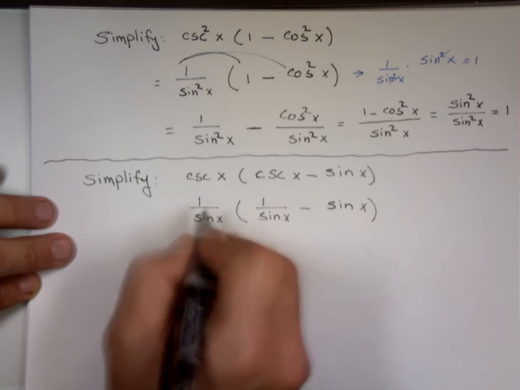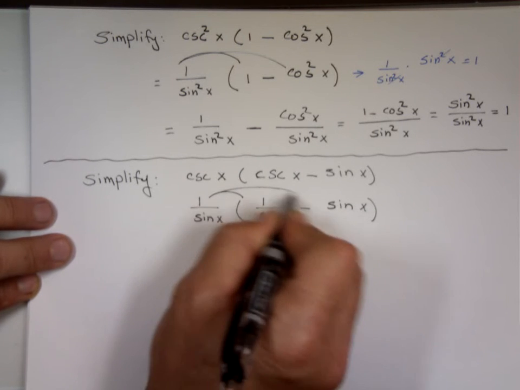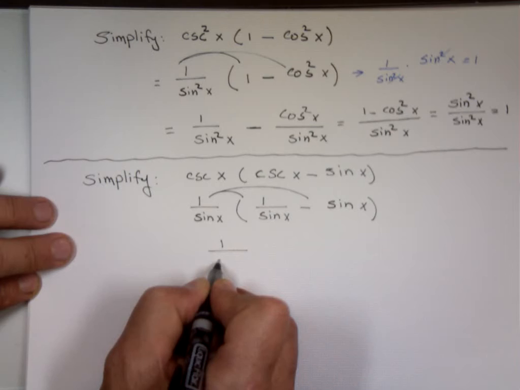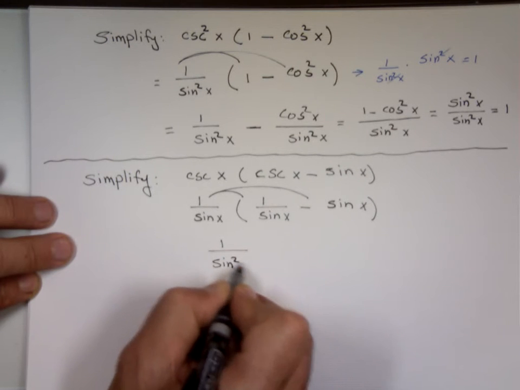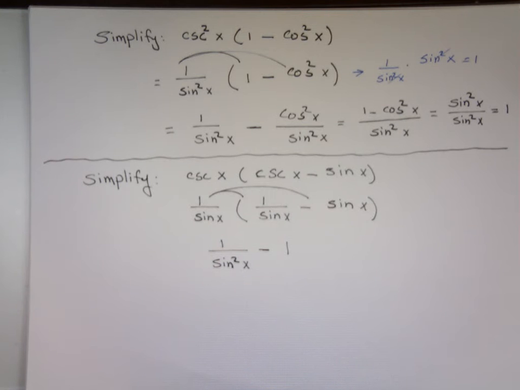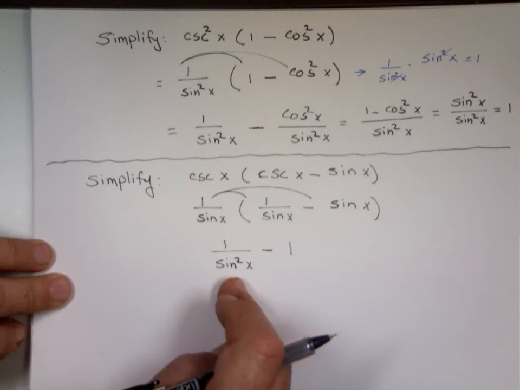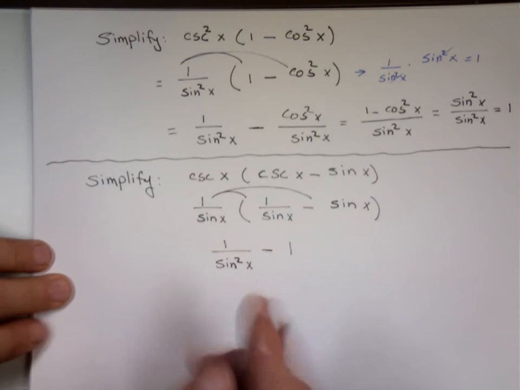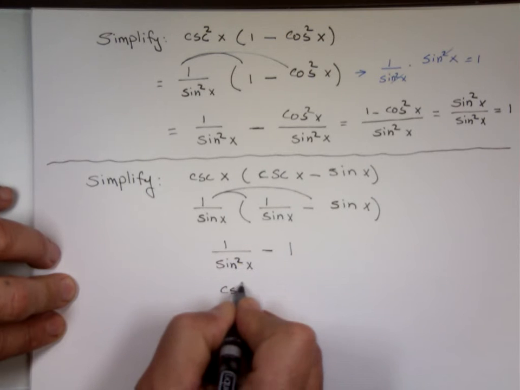Again, distribute that one. That's 1 over what? Sine squared minus the 1. I said I'm always going to change to sine, cosine, but here I can see something. Because what's 1 over sine squared? Cosecant. That's cosecant squared x minus 1.